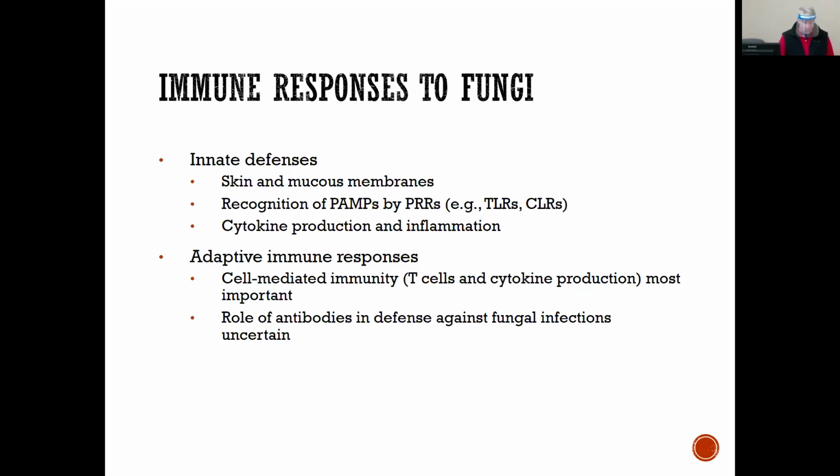So we have four classes of PRRs, and they can either be transmembrane proteins located on the cell surface, or cytoplasmic.